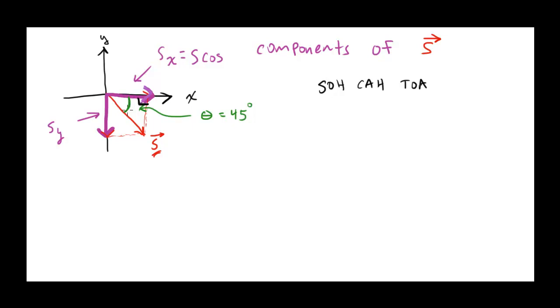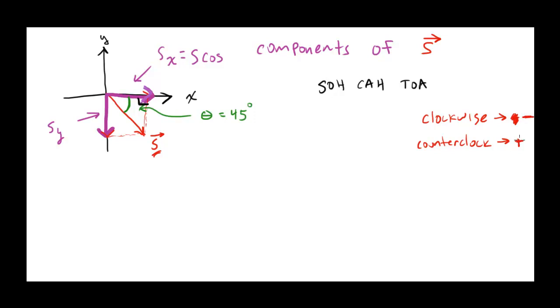The reason it's negative, if you can remember this from previous classes, is that clockwise we always establish as the positive direction, and counterclockwise is the negative direction. Oops, I screwed that up. Counterclockwise is the negative direction.